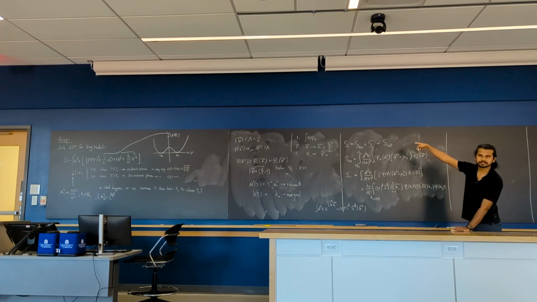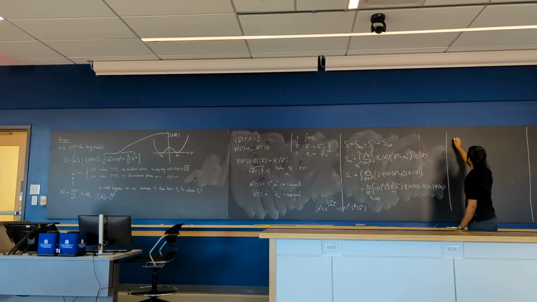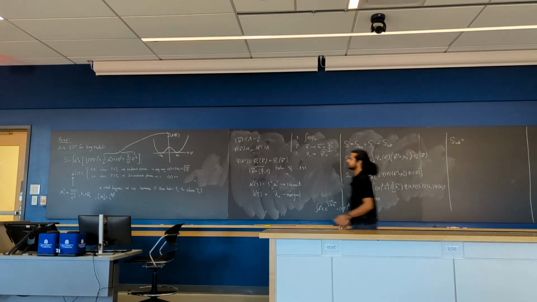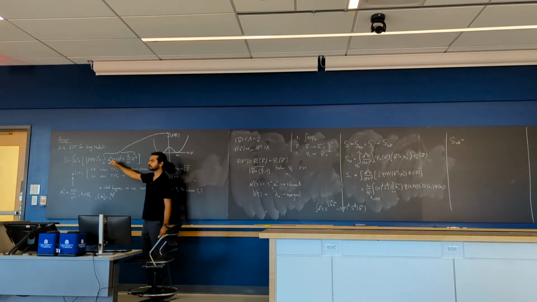Now S int is the most interesting part. S int is basically everything that we didn't write. So from the first term, we would have a phi minus k, k squared plus mu squared, phi plus k, right?